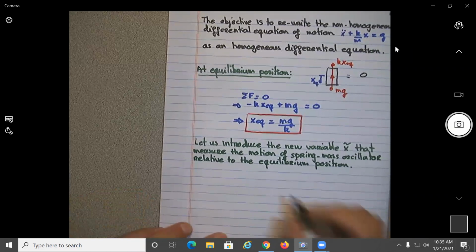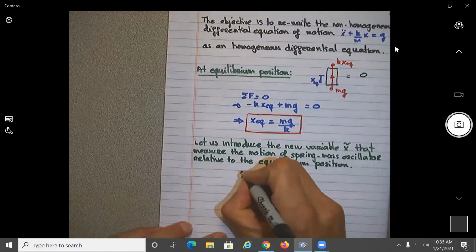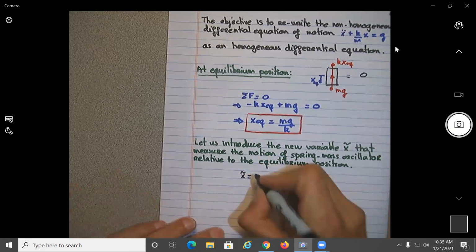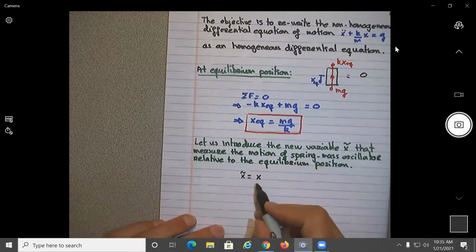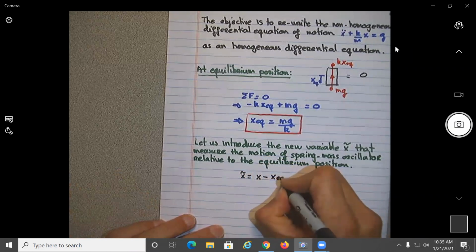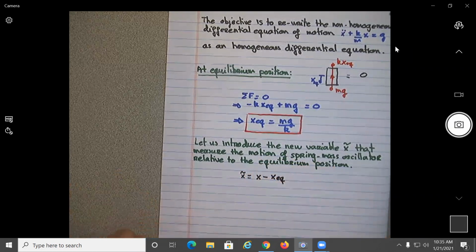Okay, so over here, the way this variable is related is that x is the normal variable that we had initially. If we do it from the equilibrium position, we need to subtract what was the initial position.